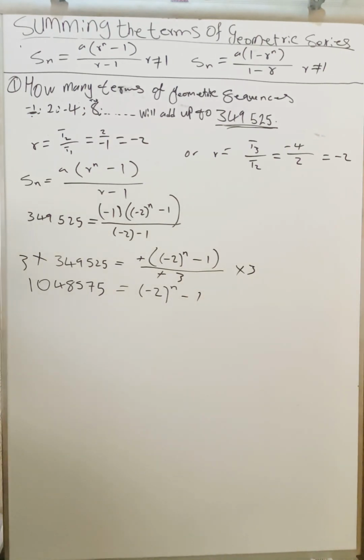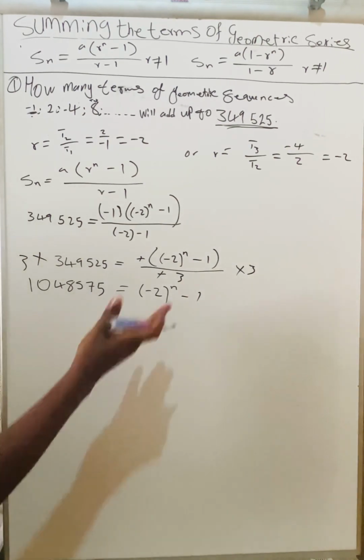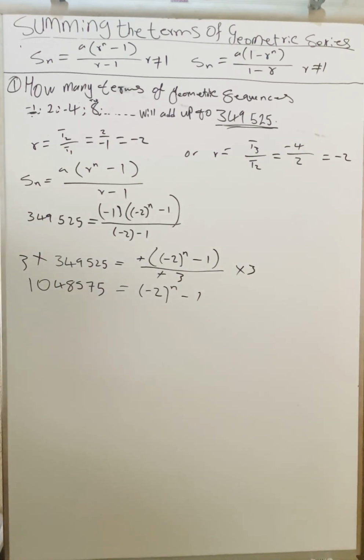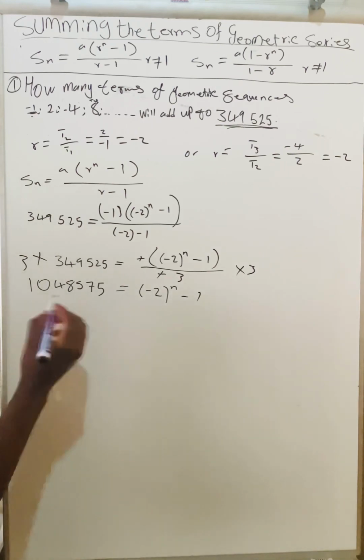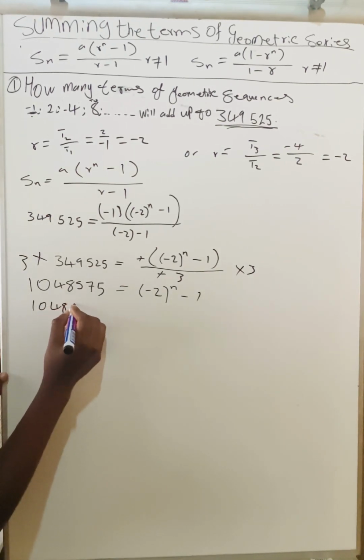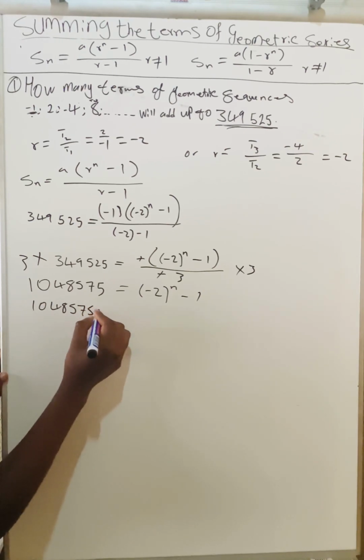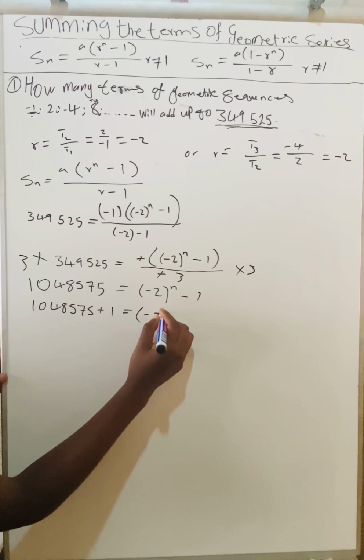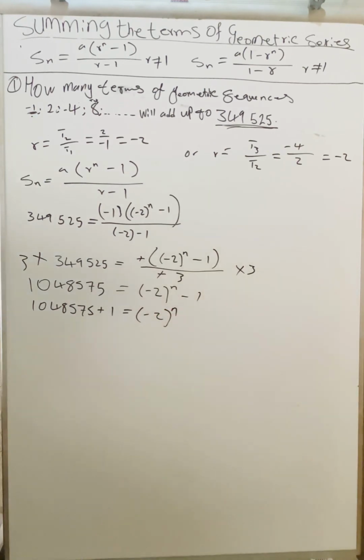Then you have to take this number to the other side. When it jumps the equal sign, it changes sign. It means you're going to have 10485075 plus 1 is equal to (negative 2)^n.